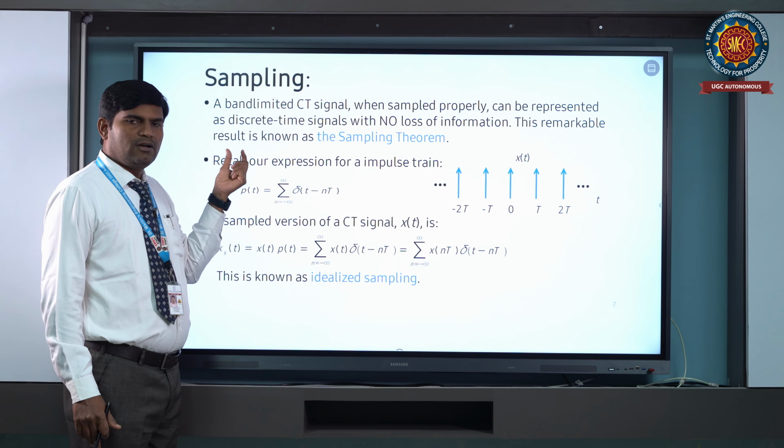Mathematically we have seen that the spectrum of the sampled signal consists of replicas of X(omega). So if we are able to extract one cycle of X(omega), then we can apply the inverse Fourier transform and reconstruction is possible.